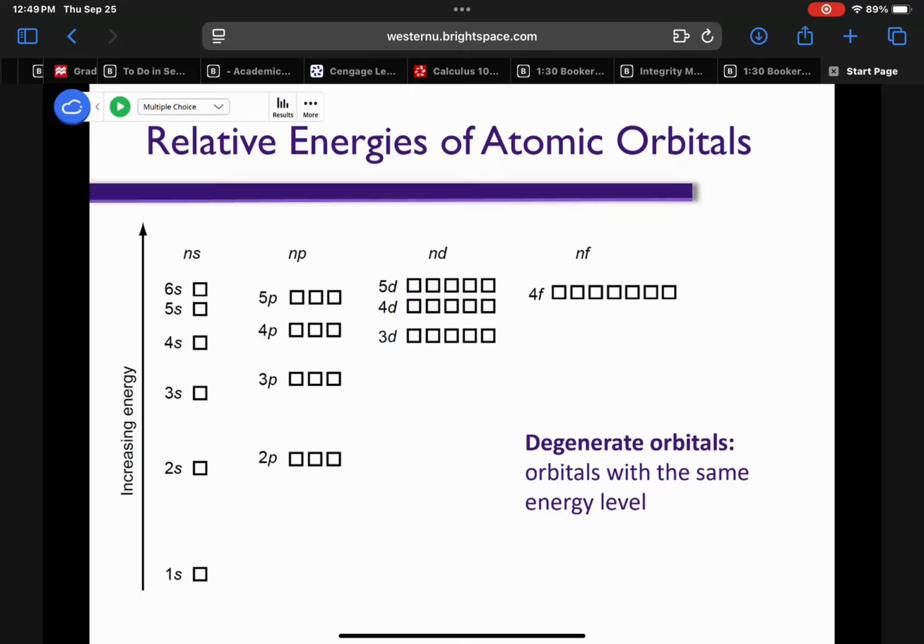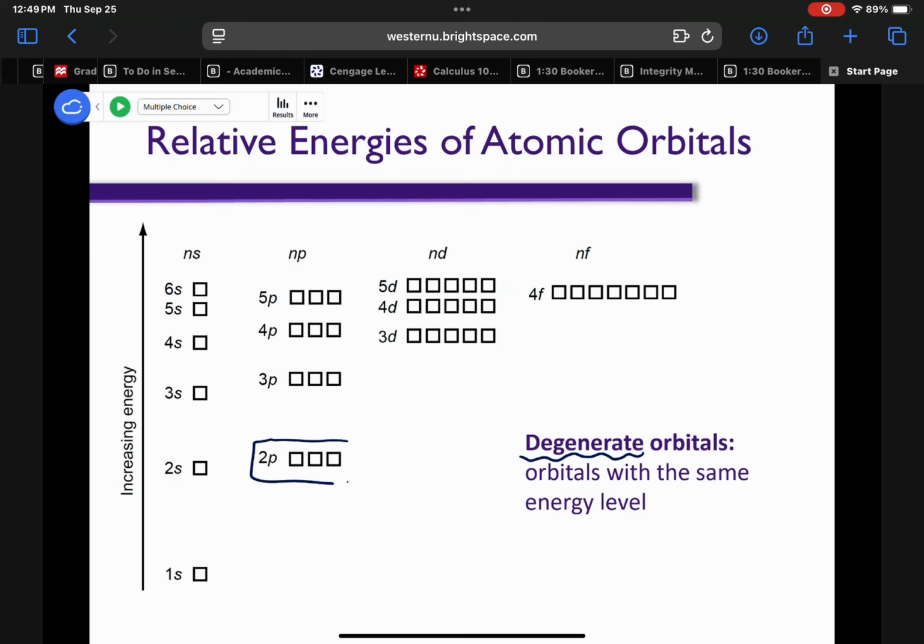Okay, so we know how to put these electrons in different orbitals, how the energy increases. We know how to make ions, but now we need to think about how the electrons are being placed in some of these degenerate orbitals. And we introduced that term last class. Orbitals that have the same energy.